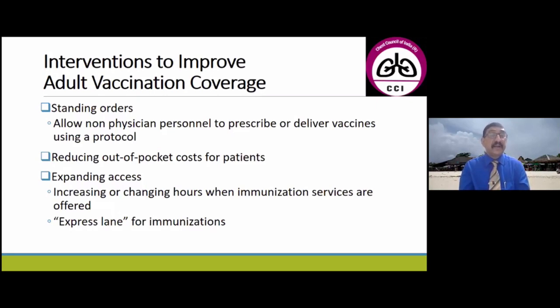It should have expanding access to the patients, increasing or changing hours when immunization services are offered. There should be an express lane for immunization. Suppose a patient has come in a busy OPD, there should be an express lane for the vaccination because in the electronic medical record or the case sheet, the vaccination schedule is there for today. So the patient has come to the OPD or the basic clinic, and should be directed to the express lane for immunization and it has to be done immediately.